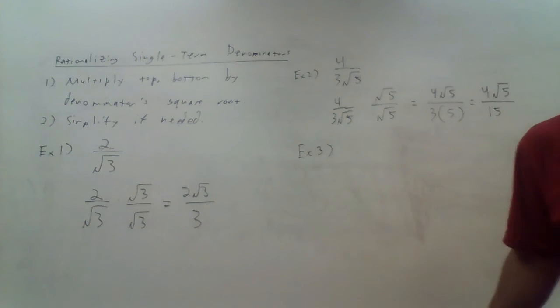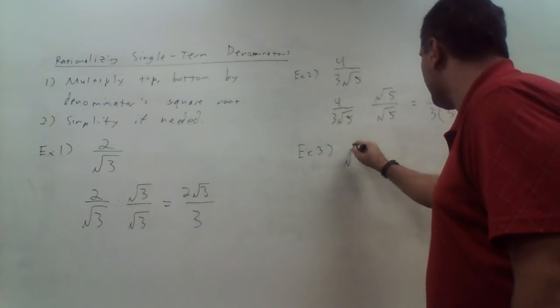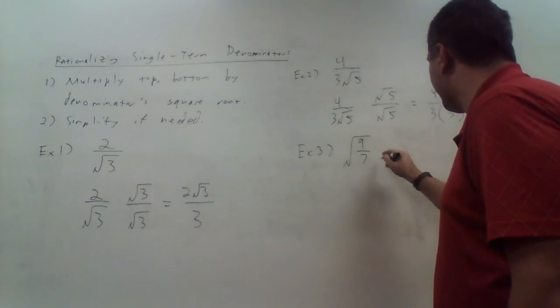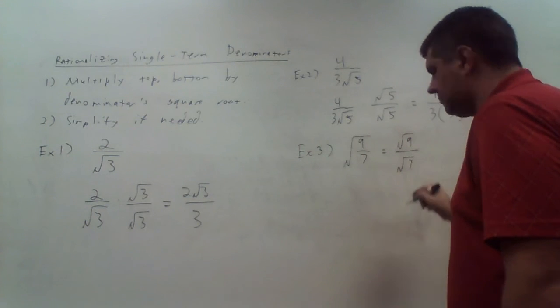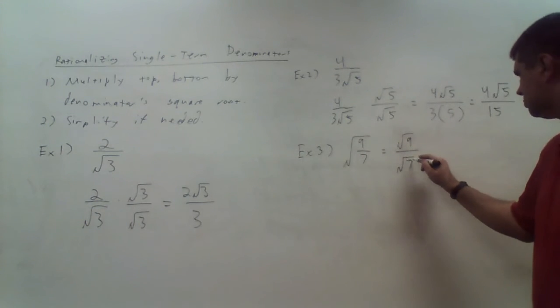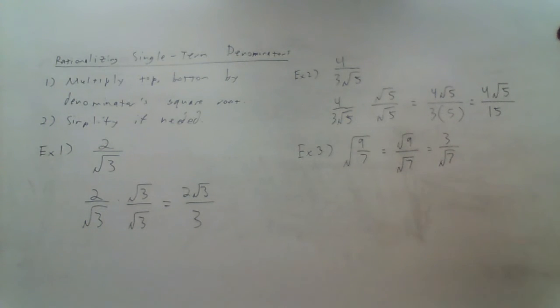Example 3. Square root of 9 over 7 is the square root of 9 over the square root of 7, which is 3 over the square root of 7. Okay?